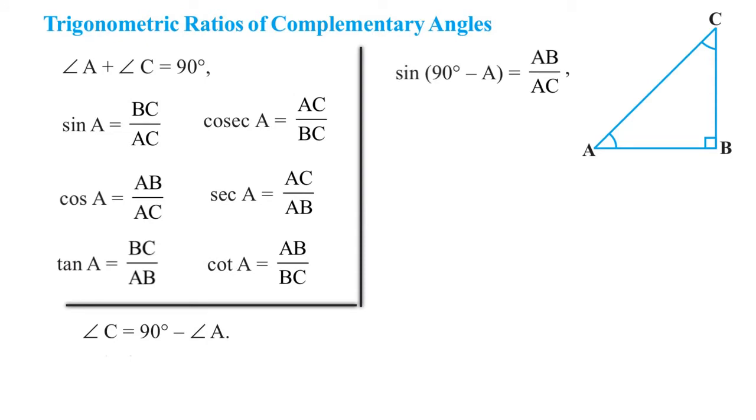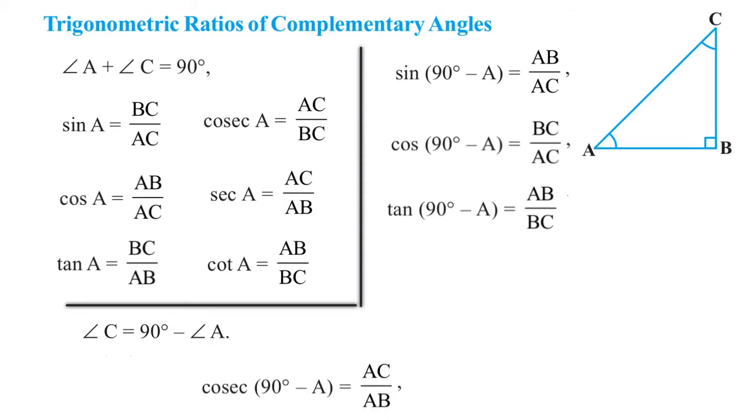Similarly, what will be cosine 90 minus A? In other words, cosine C, and that's going to be BC over AC, adjacent over hypotenuse. What will tan 90 minus A be equal to? It's going to be opposite over adjacent, AB over BC.